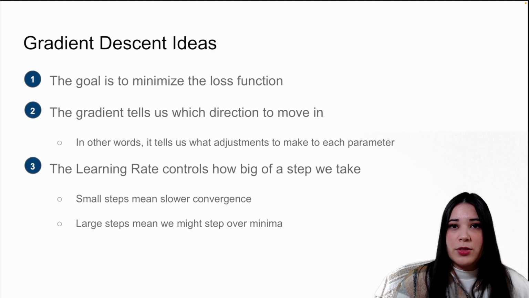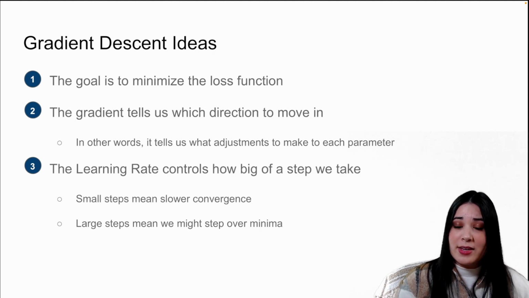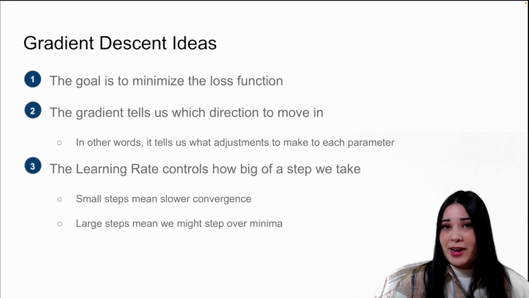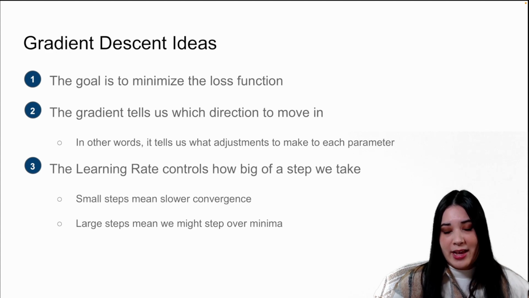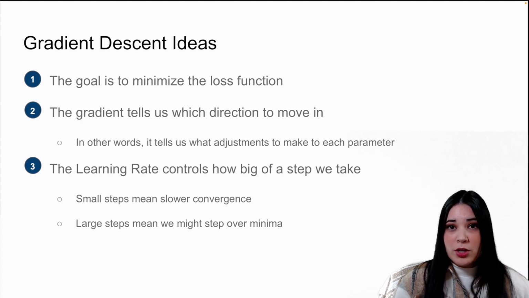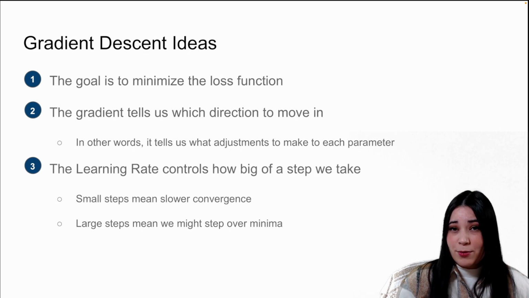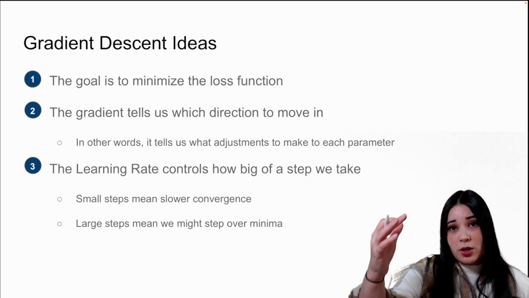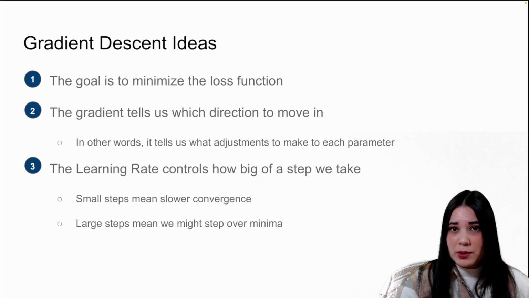Last, we talked about how the learning rate controls how big the adjustments or steps that we take are. Too big of a learning rate and we're going to bounce around all over the place. Too small of a learning rate and we'll take forever to get anywhere. We also talked about the fact that we may want different learning rates for different points in the process. Maybe we want to start with a big learning rate and then slowly taper it off.